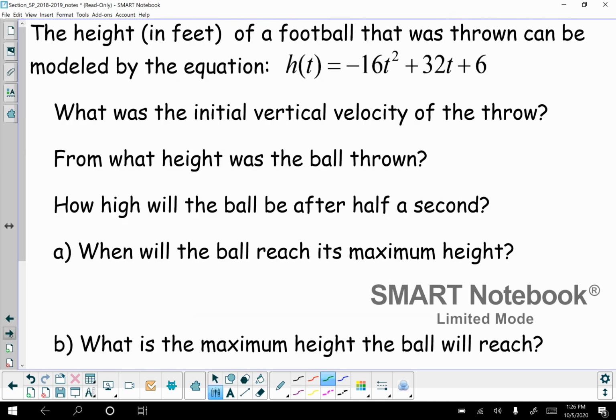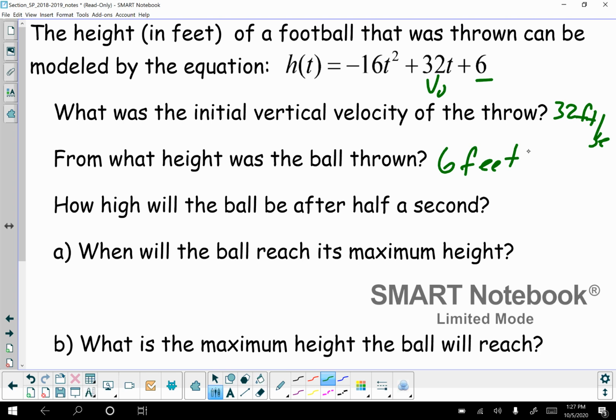The height in feet of a football that can be thrown is represented by this equation. What was the initial vertical velocity thrown? That's V naught here, so 32 feet per second. From what height was the ball thrown? It was thrown from 6 feet. It's probably the height of the player's arm.